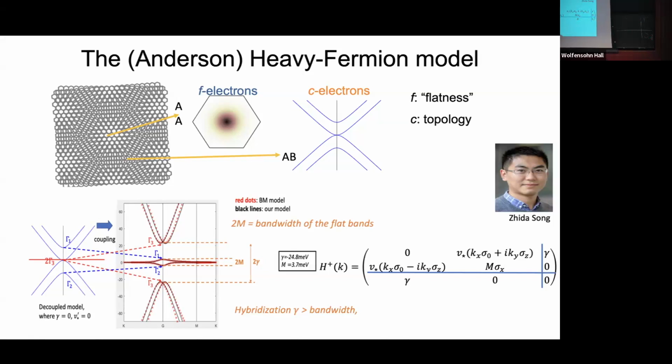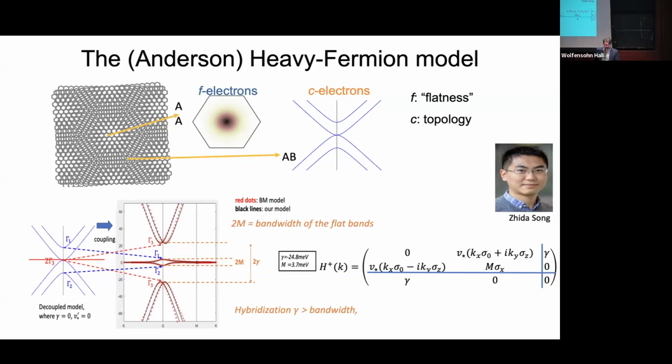And now you can see the result. What will this do? These two gamma 3 representations will do bonding and anti-bonding, move them up and down, and create these bands. So the band structure of this is the black lines, and the red dots are the Bistritzer-MacDonald model.